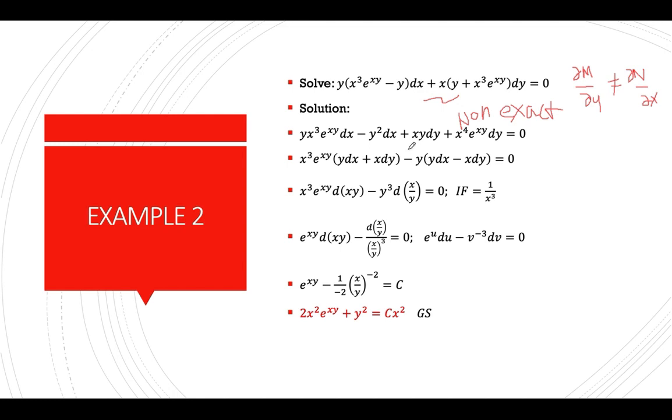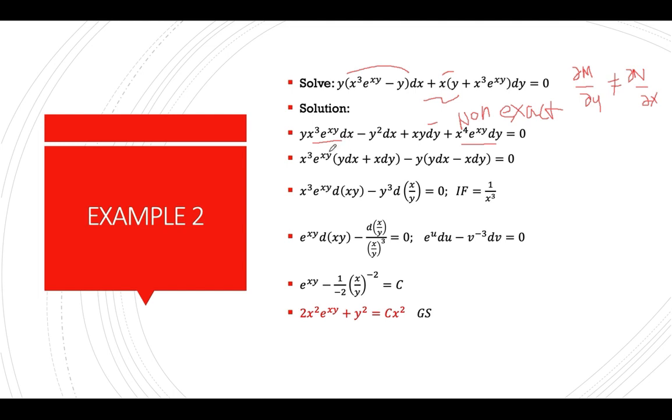Okay, so expanding, we have yx cubed e to the xy dx for the first term, and then for the second term minus y squared dx, third term xy dy, fourth term x to the fourth e to the xy dy, and then we combine, of course, the ones with the exponential e to the xy.